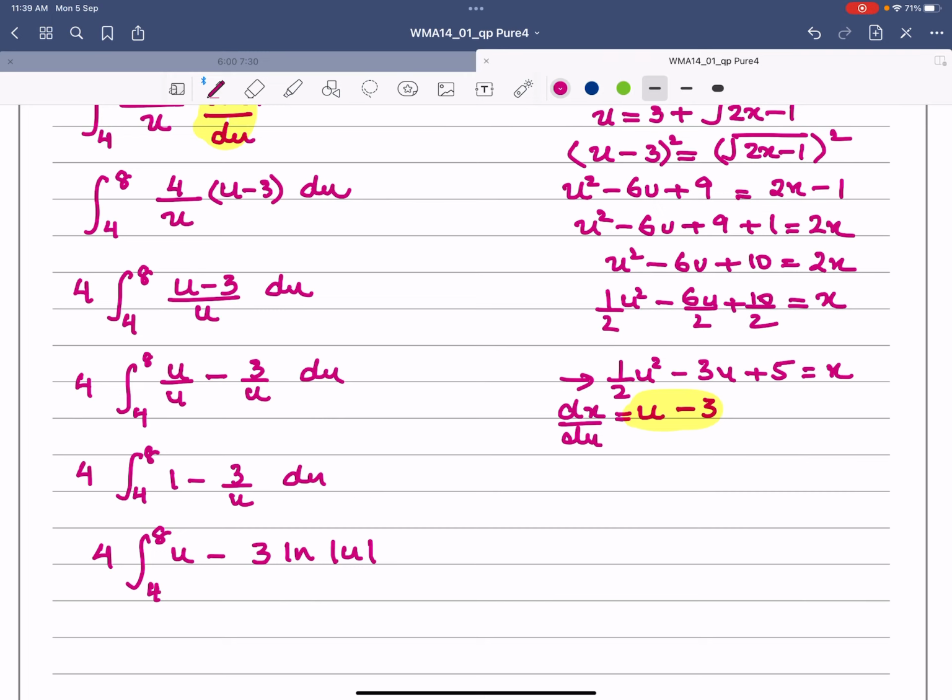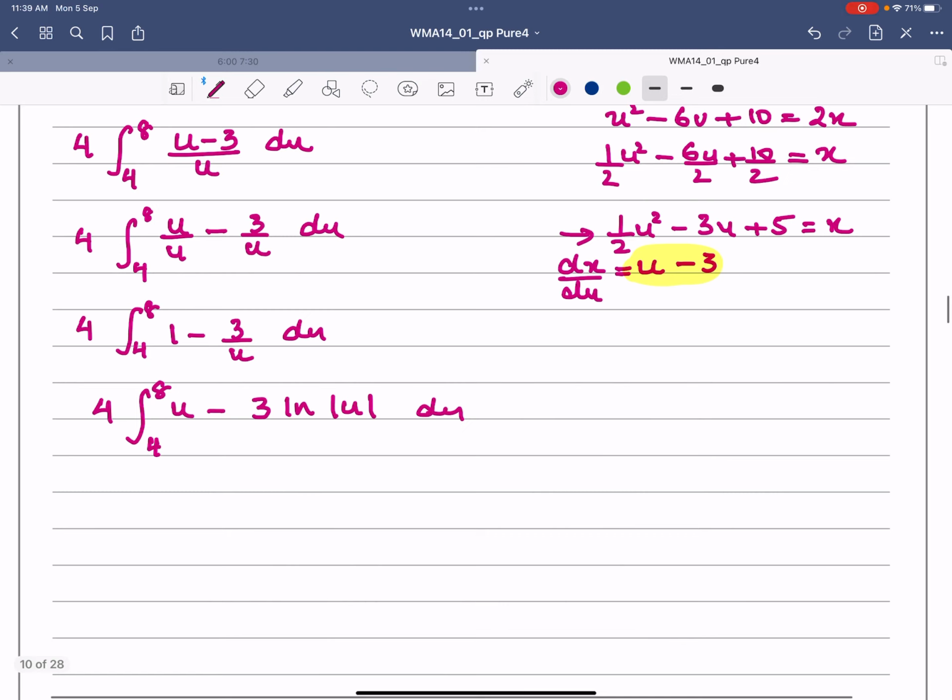Okay, so with respect to u, now we can start working out with the limits, as we have already integrated here. So we will not put this sign here, so we need to write it between the limits 4 to 8. All right, this is because we already integrated it, so we don't need the integral sign anymore.